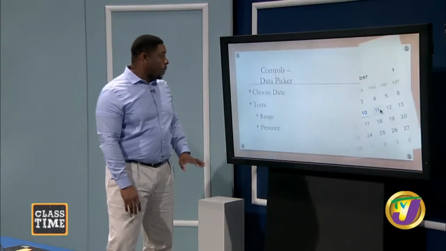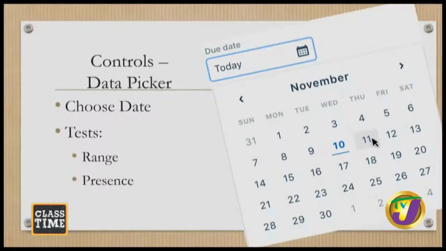All right? Then we have a date picker, which also alleviates some other stress. Instead of you possibly entering an age, what you'd select essentially is a date from this date picker. You simply click on a particular date which more or less resembles the date that you want to enter.